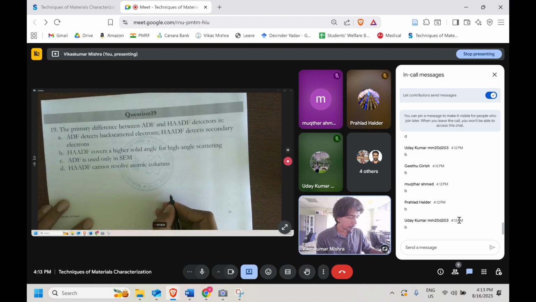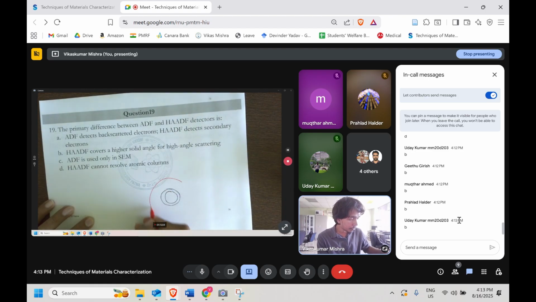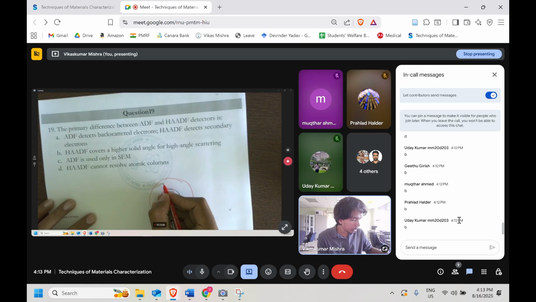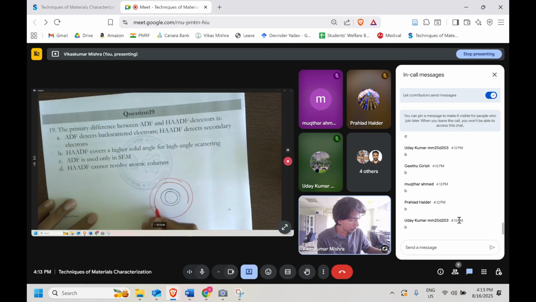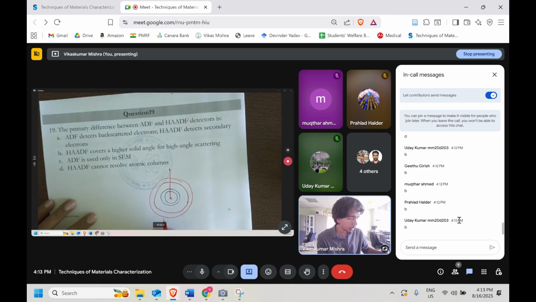See, we know that if the annular dark field is covering this much angle, our HAADF is at an even higher angle. It will cover the solid angle which is over here. Let's say this is our direct beam which was coming.